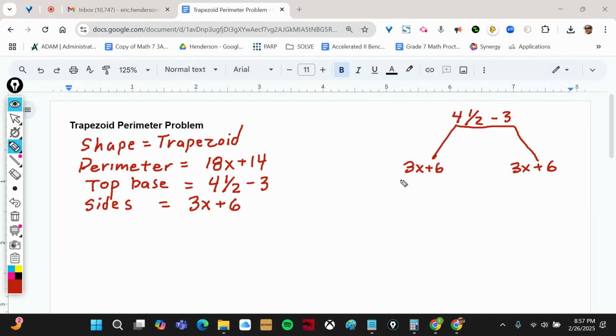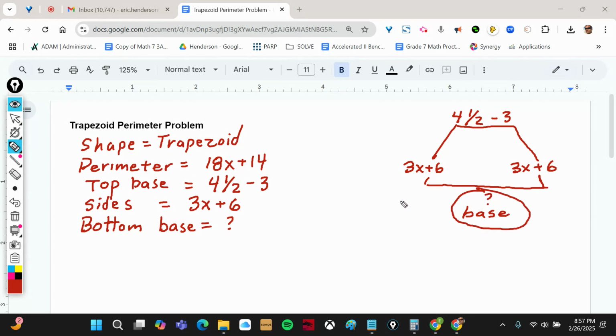And the bottom base equals, well, we don't know. This is the bottom base, that's the top base, and it's unknown.